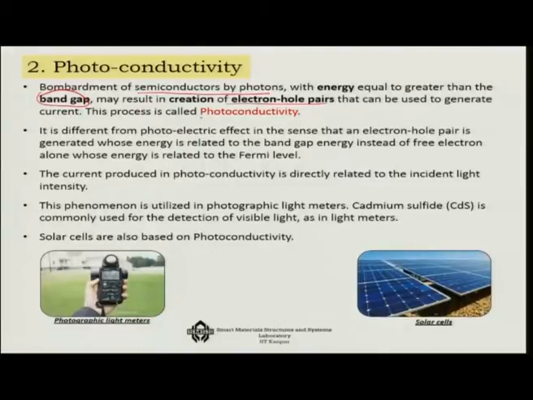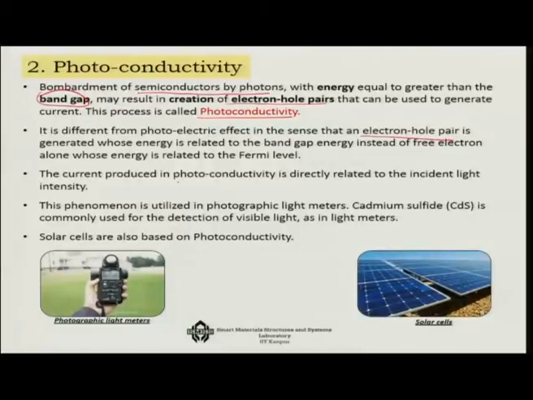That is known as photoconductivity. It is different from the photoelectric effect, because in the photoelectric effect the photon is absorbed by the electron itself, whereas here the electron hole pair gets the band gap energy, and that excites the flow of these electron hole pairs, and that generates the current.